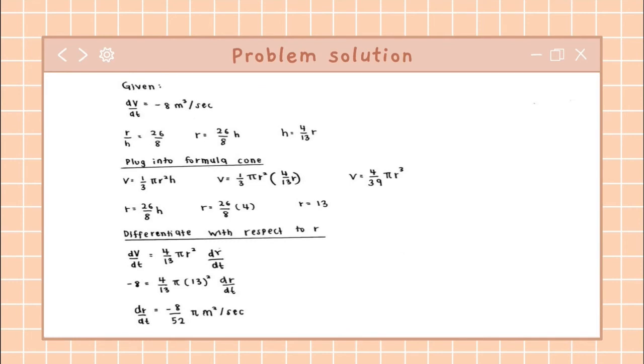We got r equals 13 when we substitute h with 4. So finally we got dr/dt equals negative 8 over 52 pi meter per second.